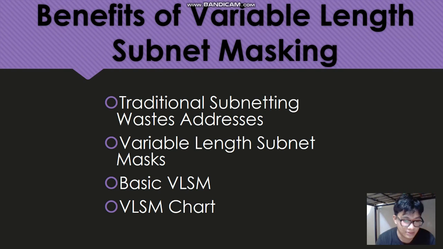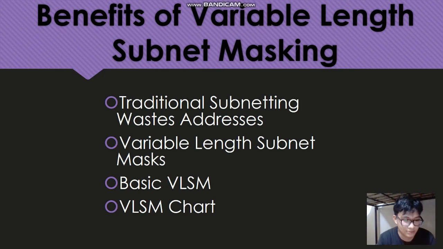Next one is the basic VLSM. To better understand the VLSM process, go back to the previous example. The network 192.168.20.0/24 was subnetted into 8 equal sized subnets. 7 of the 8 subnets were allocated: 4 subnets were used for the LAN, and 3 subnets for the WAN connections between the routers.